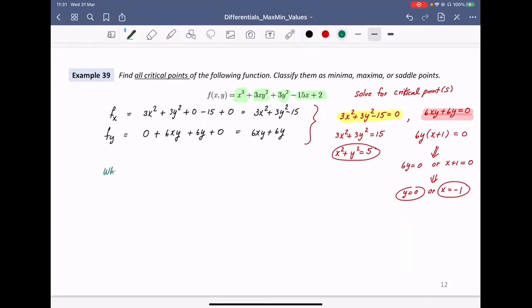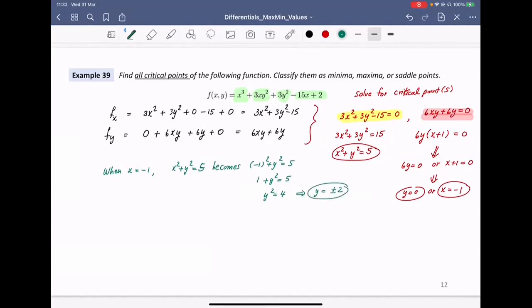When x equal to -1, x squared plus y squared equal to 5 becomes -1 squared plus y squared equal to 5. That means 1 plus y squared equal to 5, so y squared equal to 4, which means y equal to plus or minus 2.